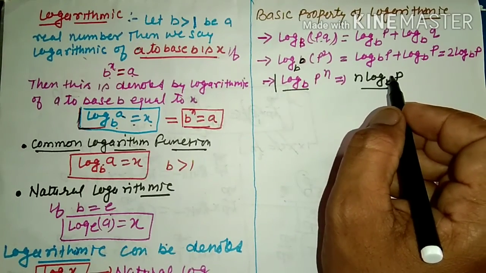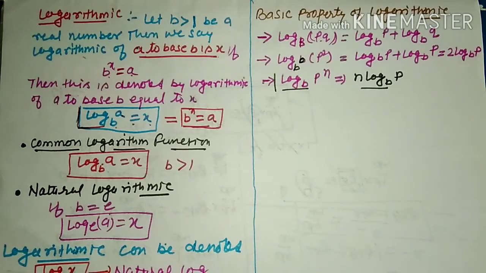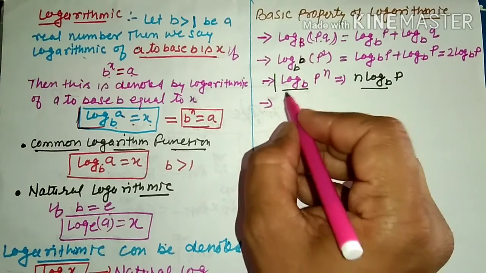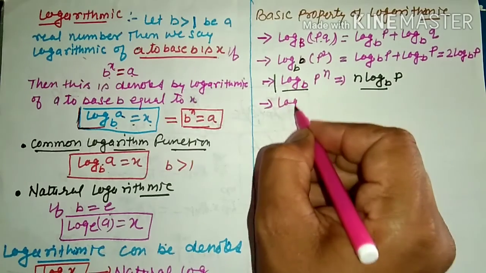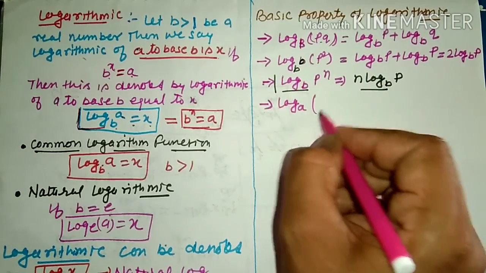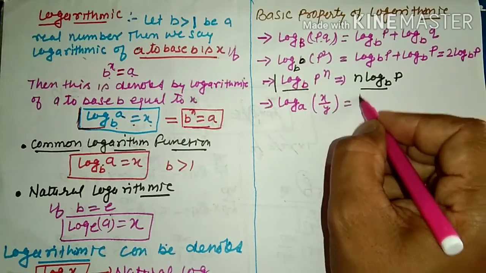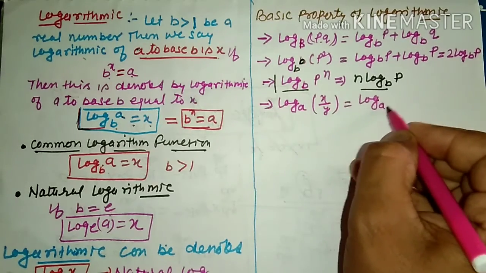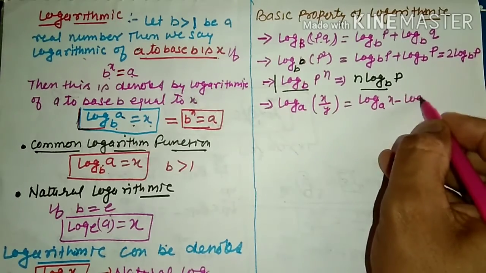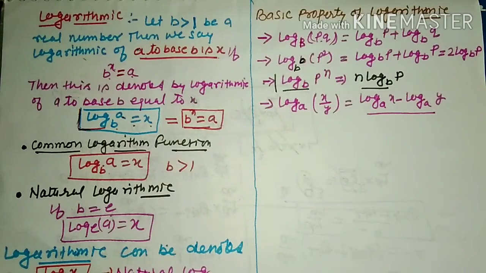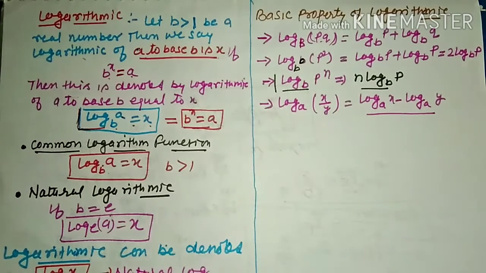Clear? The next is, log a of x upon y, डिवाइड में है ब्रैकेट के अंदर, equals log a base x minus log a base y. Clear? So these are the basic properties of logarithm.